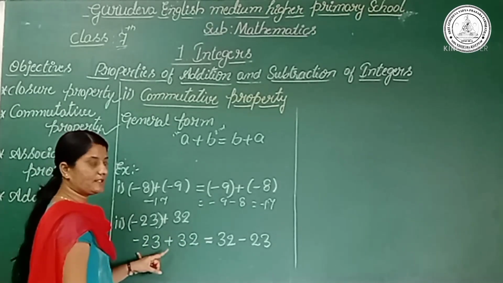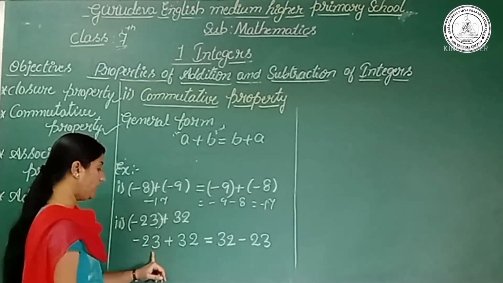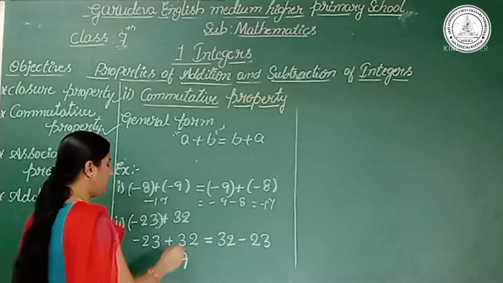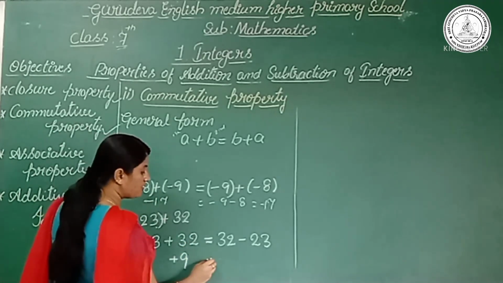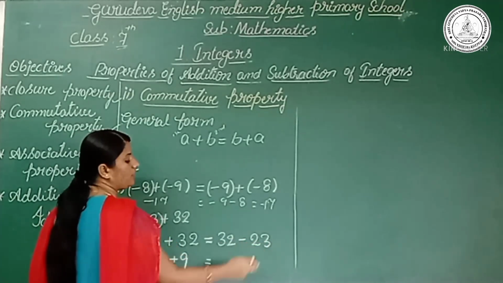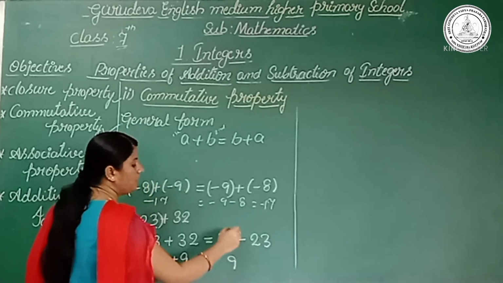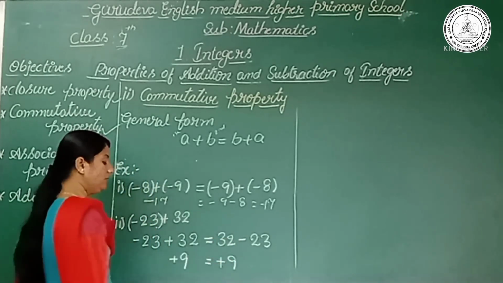These two have different signs, so we have to subtract. 32 minus 23 is 9, and 32 is the greater number, it has a plus sign, which is equal to 32 minus 23. Again we subtract: 32 minus 23 is 9. Here 32 is the greater number, it has the plus sign.